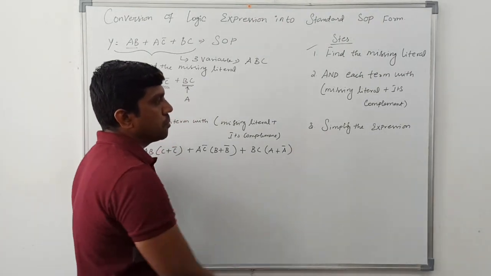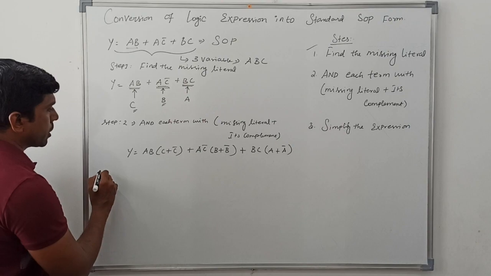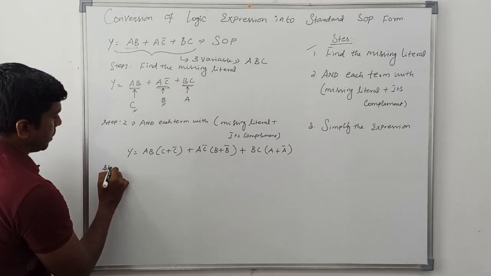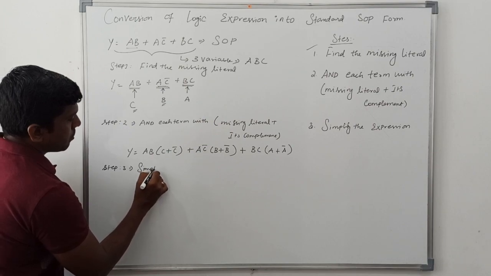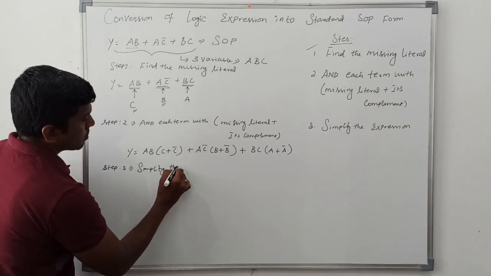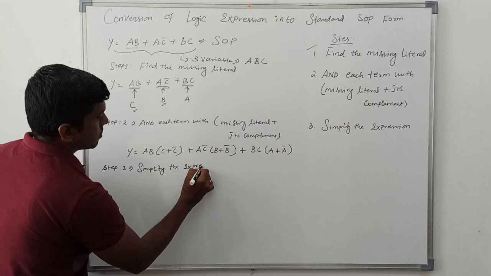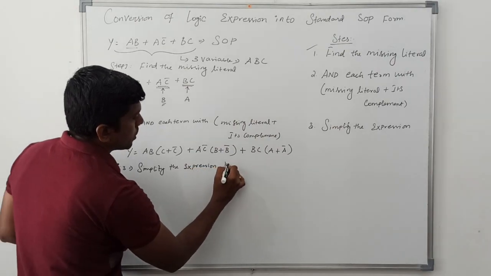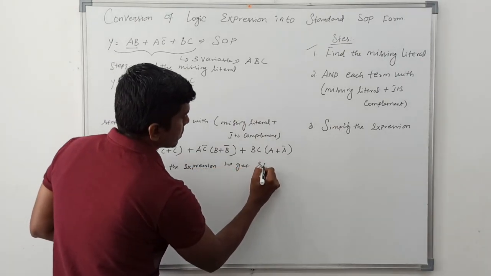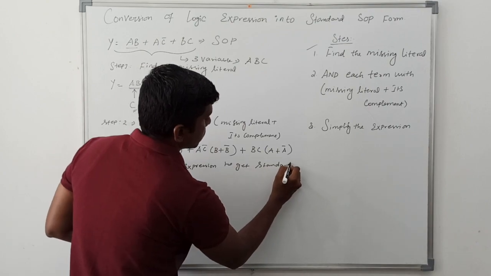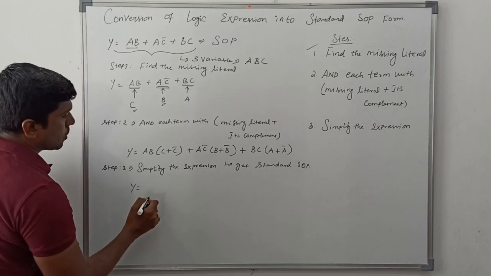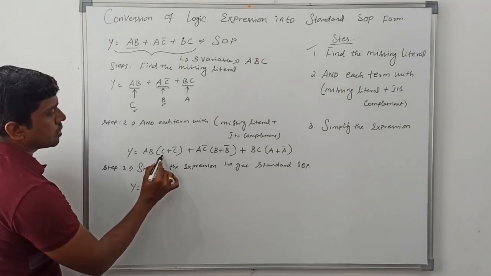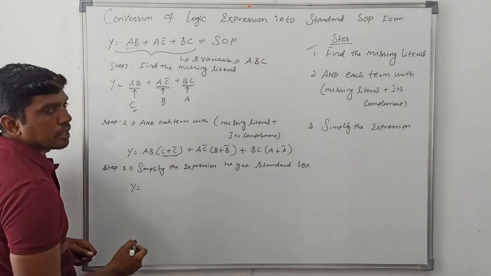Then the third step: simplify the expression to get the standard SOP. So y equal to, I just AND the function with the missing literal and its complement.